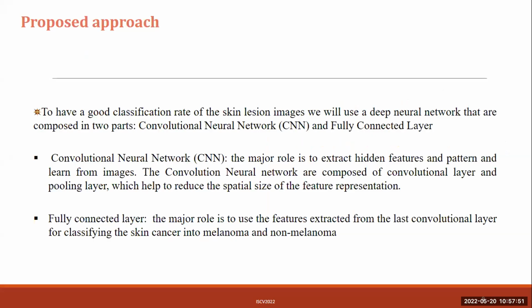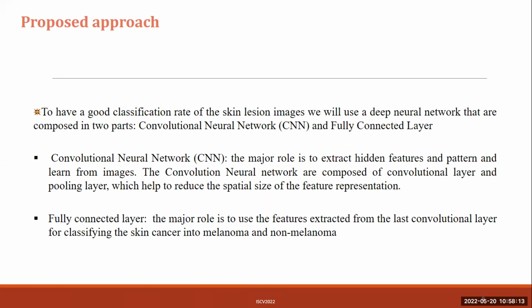To have a good classification rate for skin lesion images, we will use a deep neural network composed of two parts, the convolution and the fully connected layers. The convolution extracts the hidden features and patterns from the images.